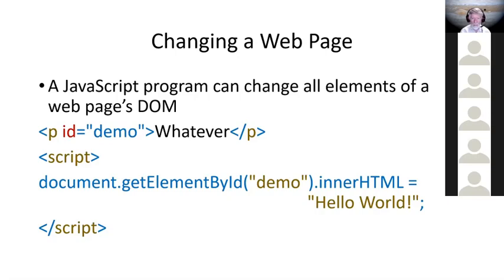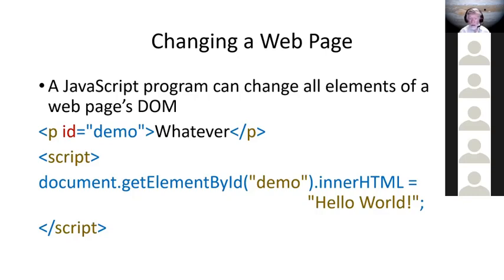The method I'm using here, getElementById, says I want to get the element who has the ID demo. Well, fortunately, I have an element there with the ID demo, and so it's going to return that object, which in this case is a paragraph. So the first line of this says from this document, this web page, get the object that has the name demo, the ID demo. That's a paragraph.